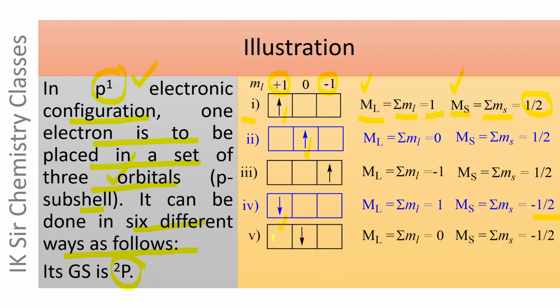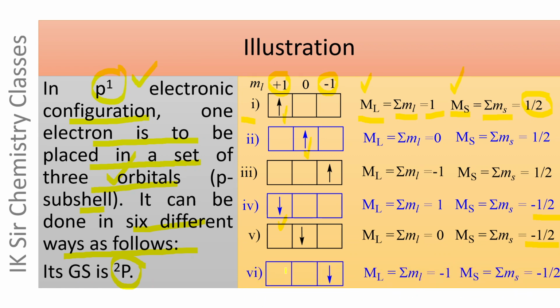In the fifth electronic arrangement, the electron is present having beta spin in the middle box having ml equals 0, and its ms equals -1/2. And in the sixth electronic arrangement, the electron with beta spin is present in the last box having ml equals -1. Thus, there are 6 microstates.